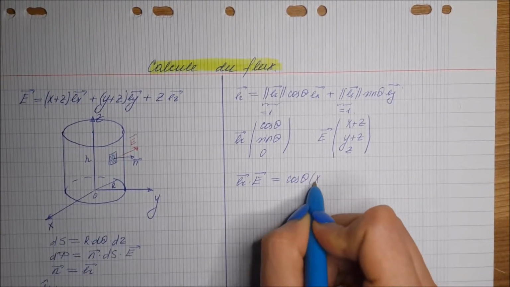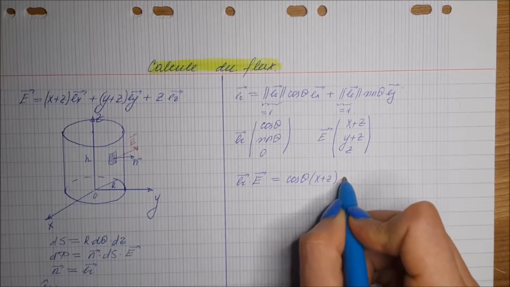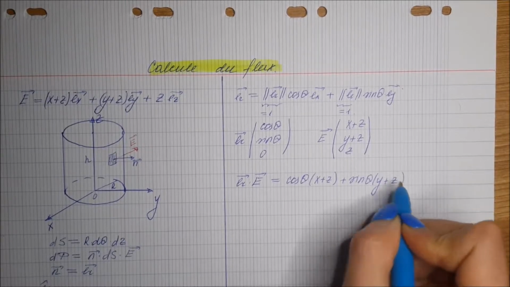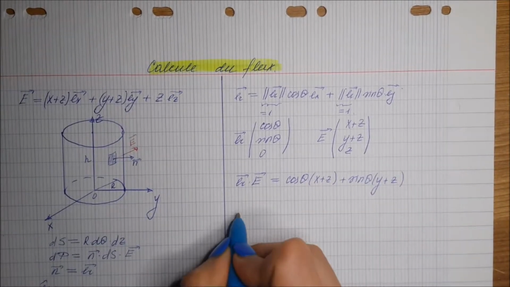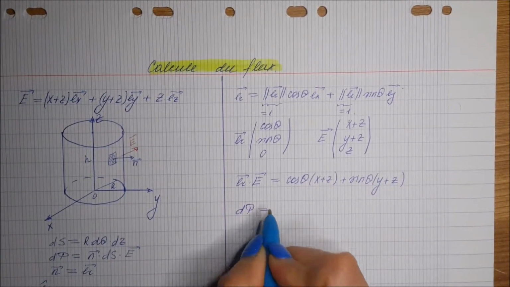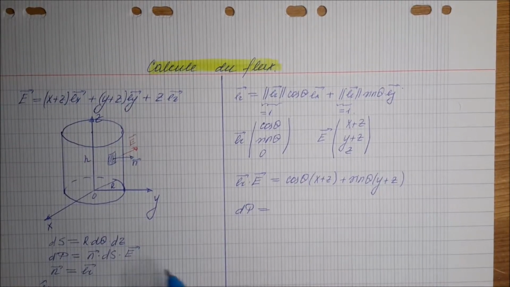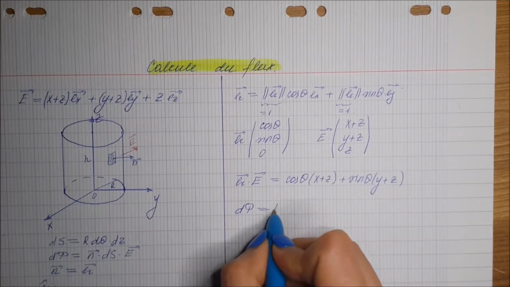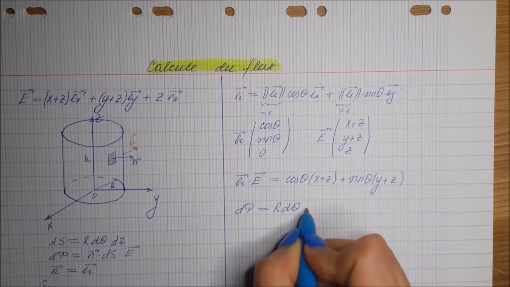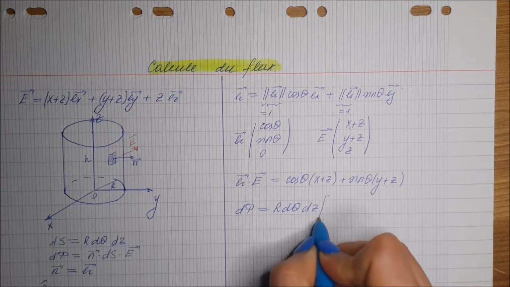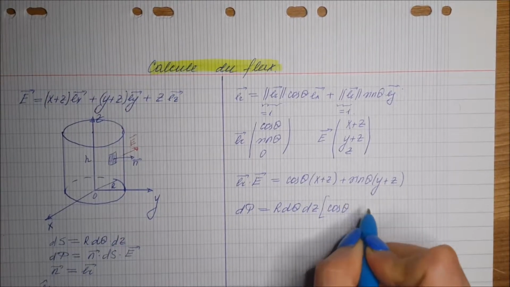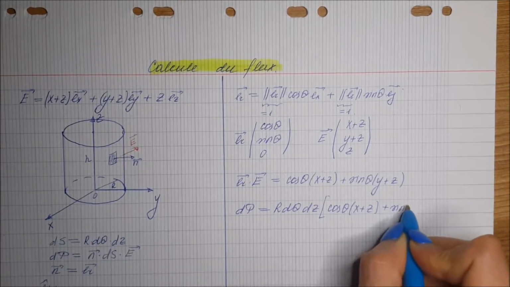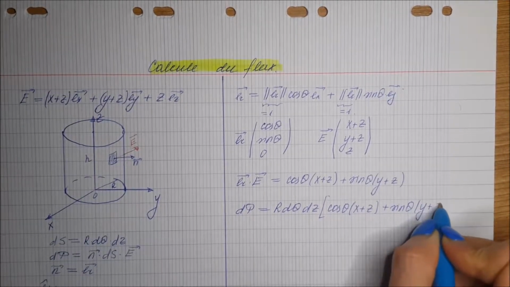So the first component is cosine theta times (x plus z) plus sine theta times (y plus z) plus 0. Thus, I will rewrite my d phi, the flux across this test area. It will be the surface of this test area expressed in cylindrical coordinates, r d theta dz, times the dot product.